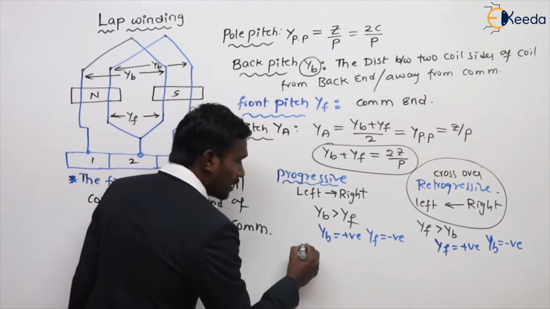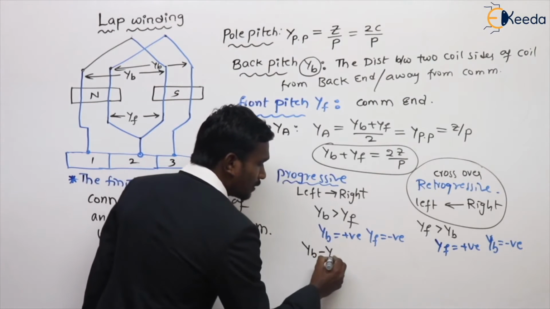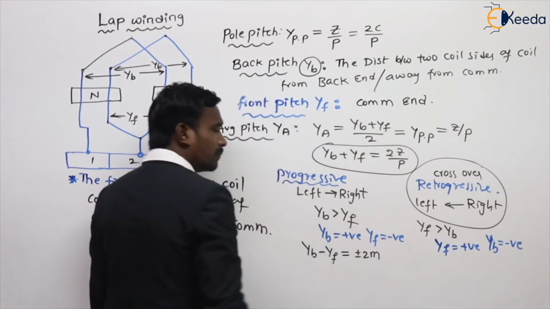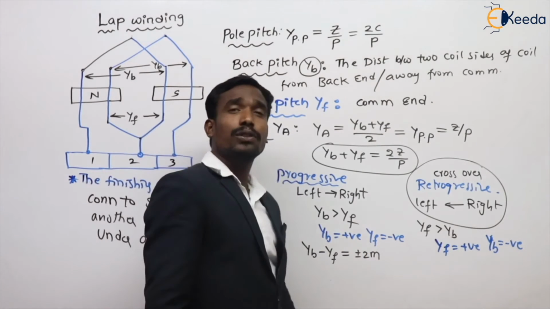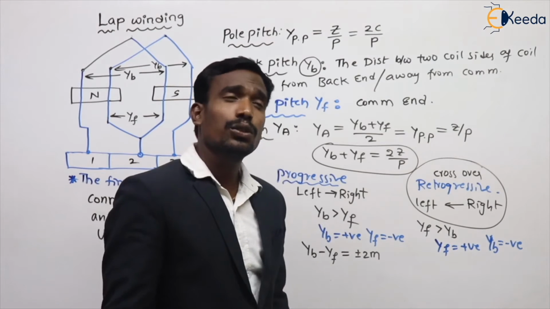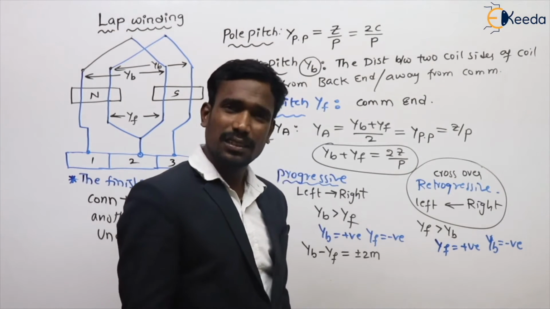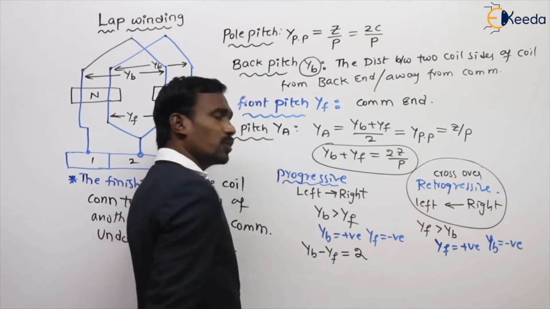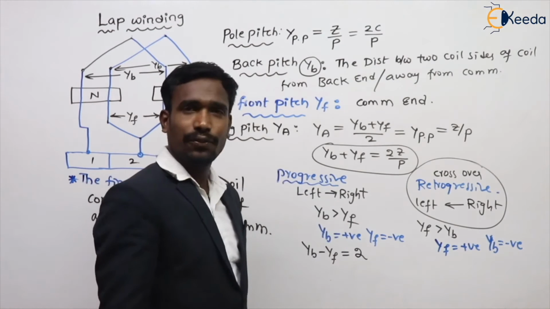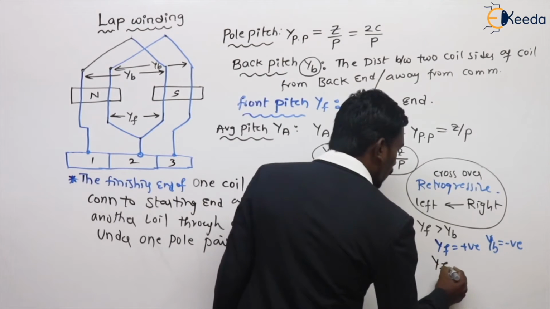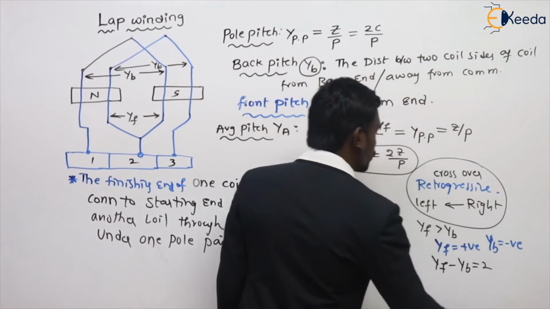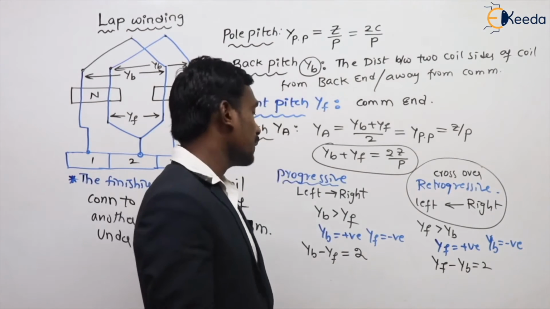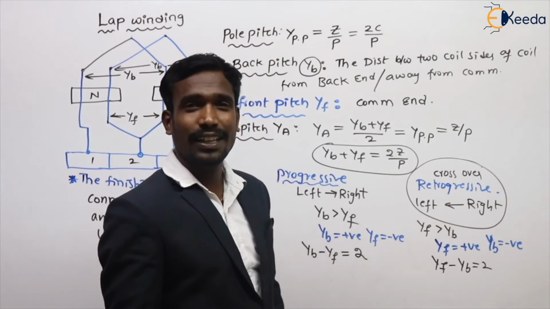So from this, YB minus YF is equal to plus or minus 2m, where m is equal to 1 for simplex, 2, 3, etc. for multiplex. In general, we take YB minus YF equal to 2 because YB is greater than YF, whereas in retrogressive, YF minus YB is equal to 2. The difference of these two, back pitch and front pitch, is always 2 in lap winding.